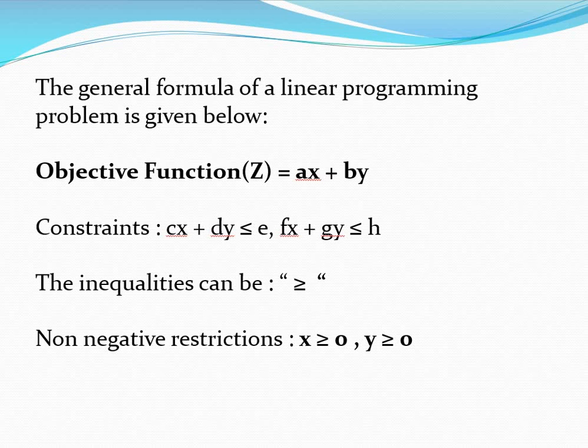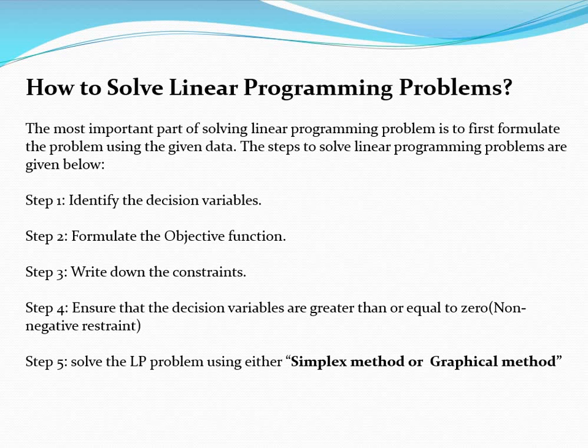So how to solve the linear programming problem? Let us see. The most important part of solving a linear programming problem is that first we have to formulate the problem by taking the data into a linear equation.